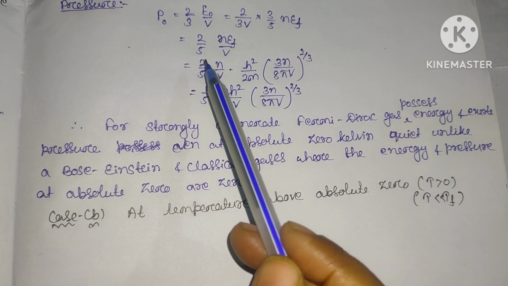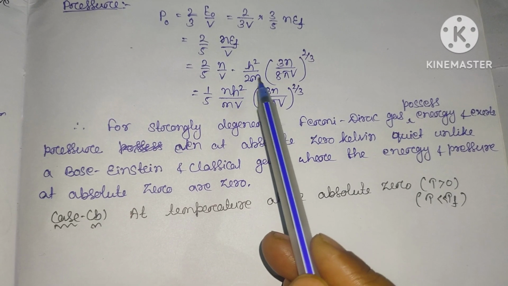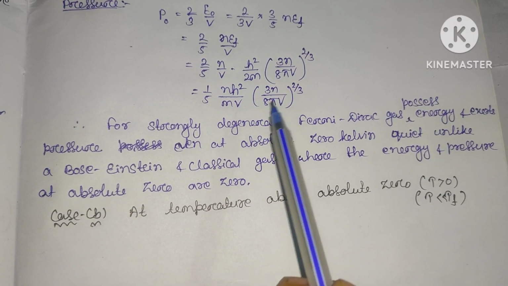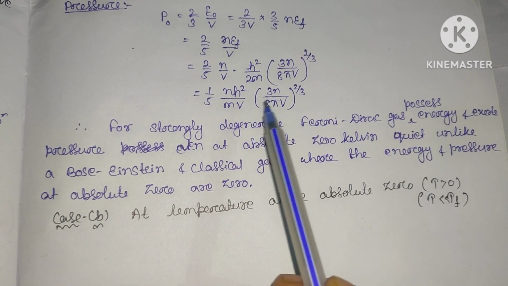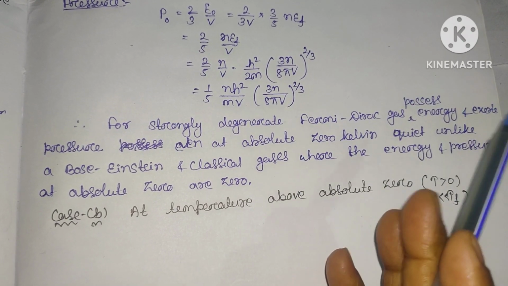Now 2 gets cancelled. 1/5 of N² divided by mV into (3N/8πV) whole power 2/3, or (3N/4πVg_s) whole power 2/3.